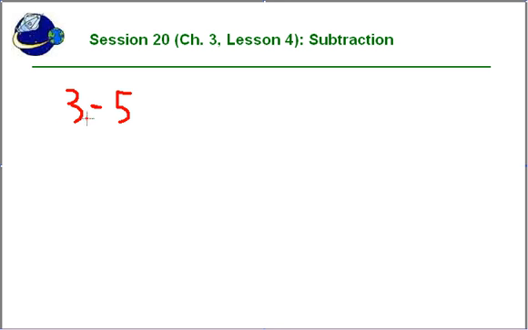So we could rewrite this really as positive 3 minus a positive 5. These two statements say the same thing. 3 minus 5 is the same thing as a plus 3 minus a plus 5.